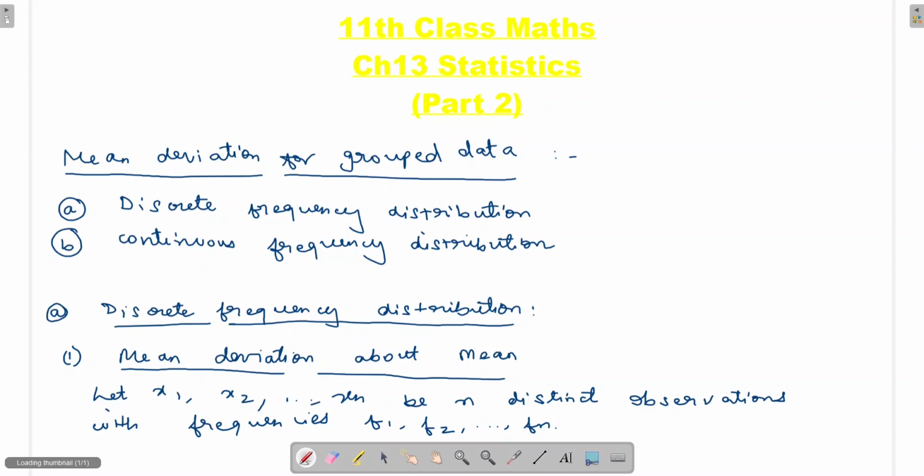Mean for grouped data, you know how to find the mean: x bar is equal to summation i going from 1 to n fi xi, divided by summation i going from 1 to n fi.